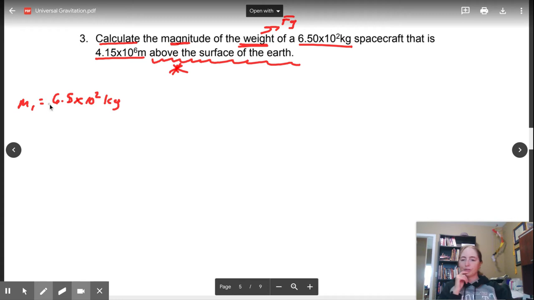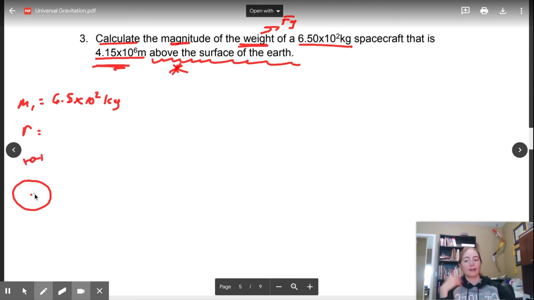Okay, so let's do some math. This is important setup. The R that we are going to use is going to be the radius of the Earth plus how far above the surface of the Earth the spacecraft is. So here's the Earth, there's the center, here's the spacecraft.